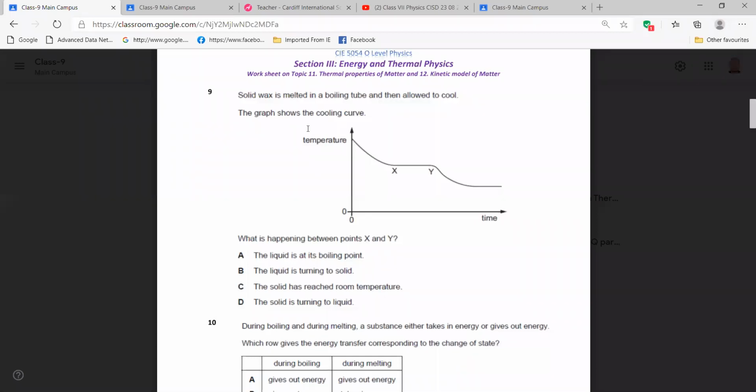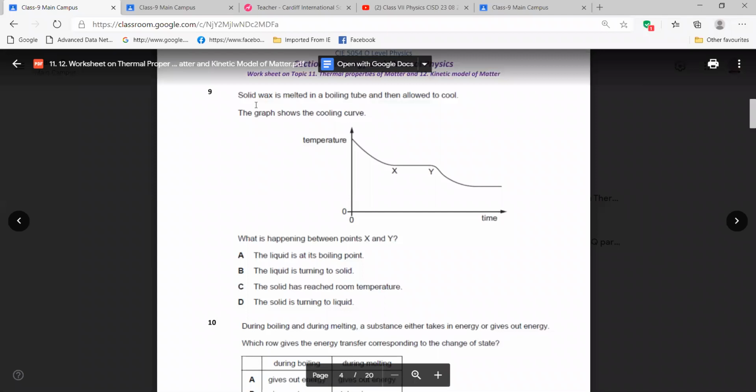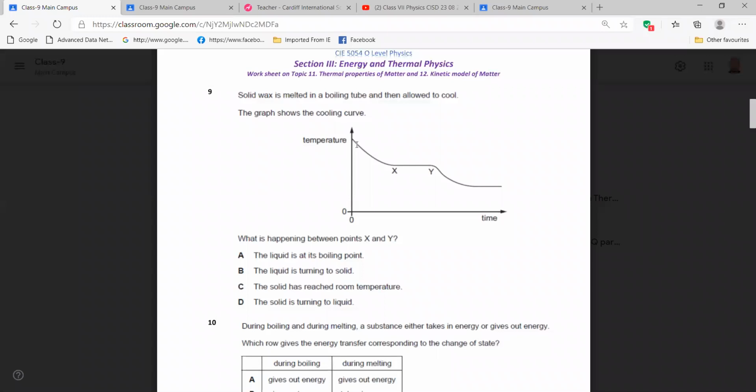But sir, you said it's melting. Look here, solid wax is melted in a boiling tube and then allowed to cool. Oh, acha. Look, there are two parts in the question. The last part is saying then allowed to cool. Wax, its temperature is decreasing, right?